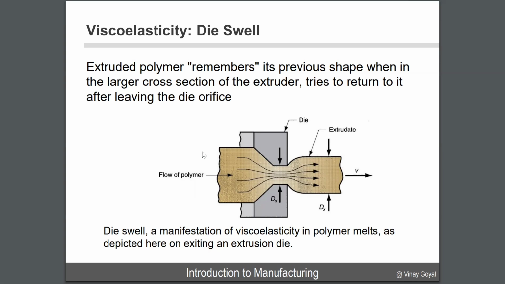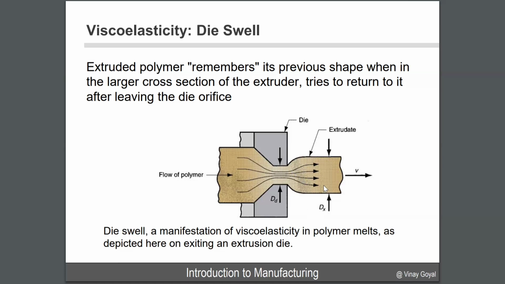So what happens when you push the flow of polymer through this die, which has a certain diameter? We're going to take advantage of that because as the material extrudes, which we call the extrudate, the material will remember, hey, listen, I'm not of this diameter, I'm actually a larger diameter. I remember that. So the material will go through the extrusion process and slightly become larger in diameter.